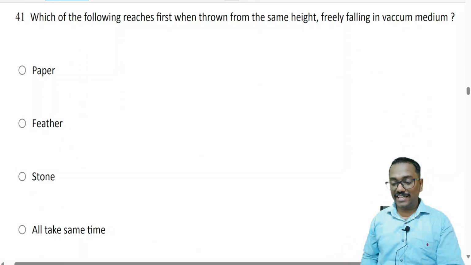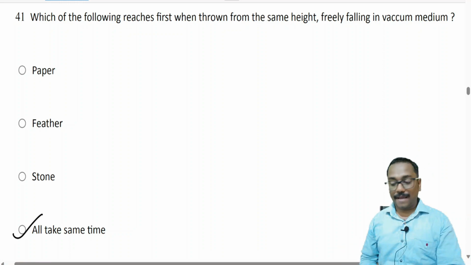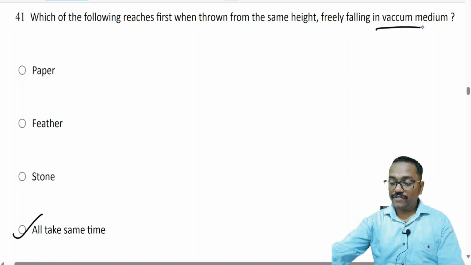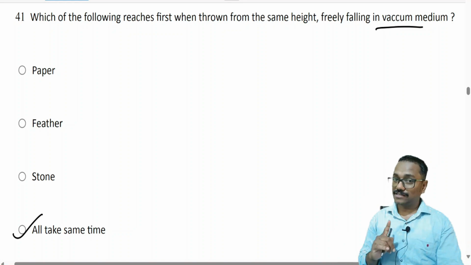Which of the following reaches first when thrown from the same height, freely falling in a vacuum medium? Paper, feather, stone: all take the same time, because in vacuum it will take the same time. But if it is air, then there are two forces which affect it, the buoyant force and friction.